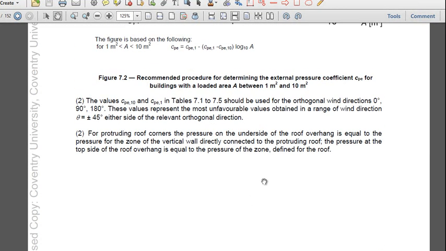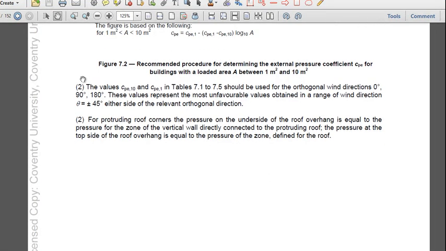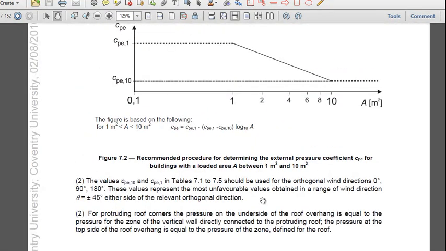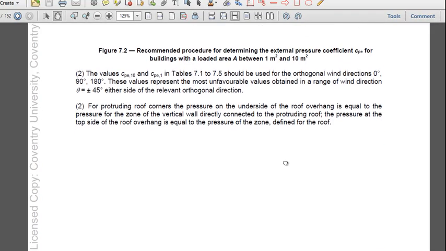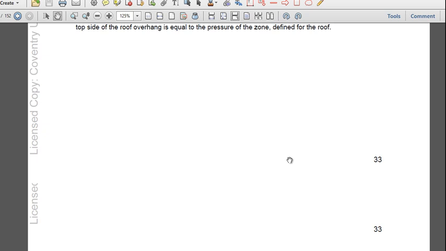So the 90-degree interval, which is 0, 90, 180, 270 degrees, are the critical directions in which you would have to evaluate your wind pressures. Now, these wind pressures are a function of the external and internal pressure coefficients for walls, okay, and for roofs.